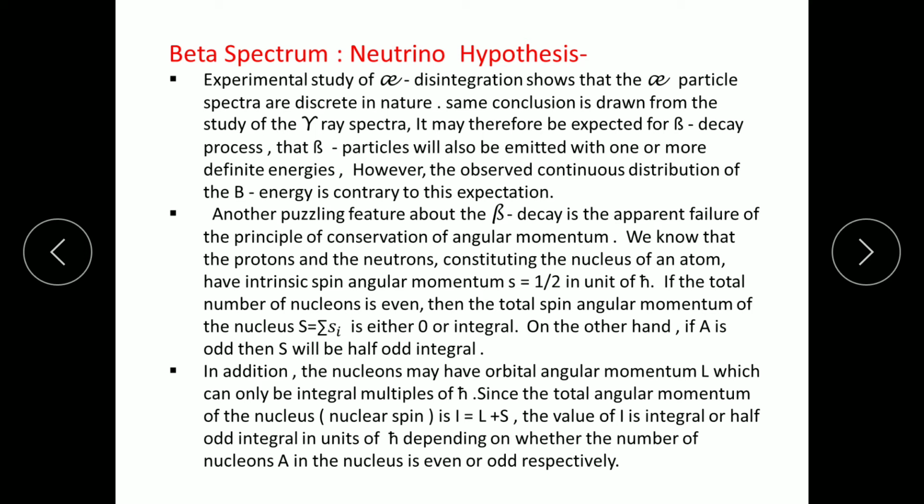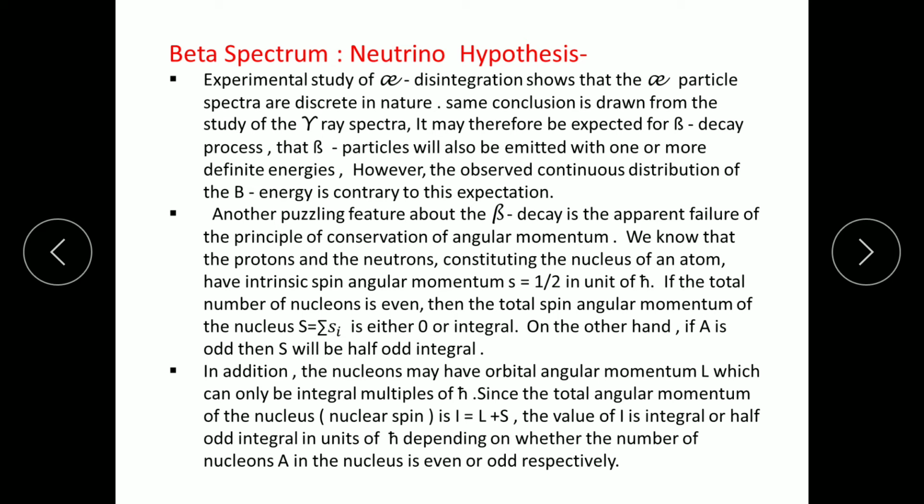The next one is that in beta decay there is an apparent failure of the principle of conservation of angular momentum. Now see here, we know that the proton and neutron constitute the nucleus of an atom. Everyone knows that protons and neutrons have intrinsic spin angular momentum S equal to 1/2 in units of h cross.